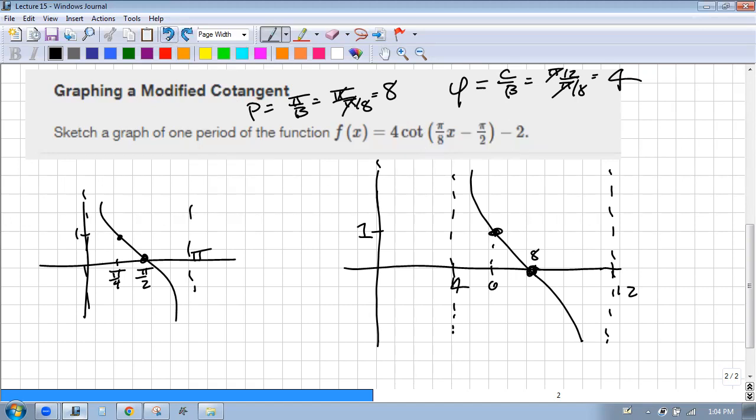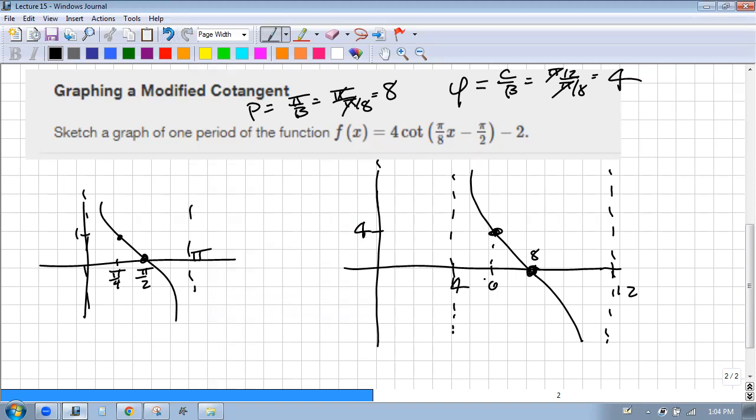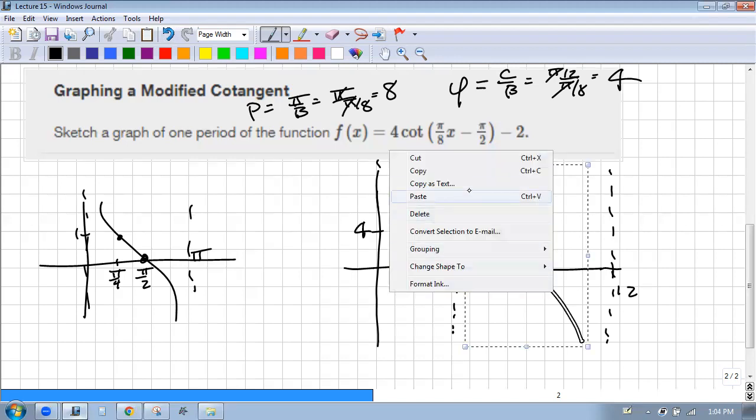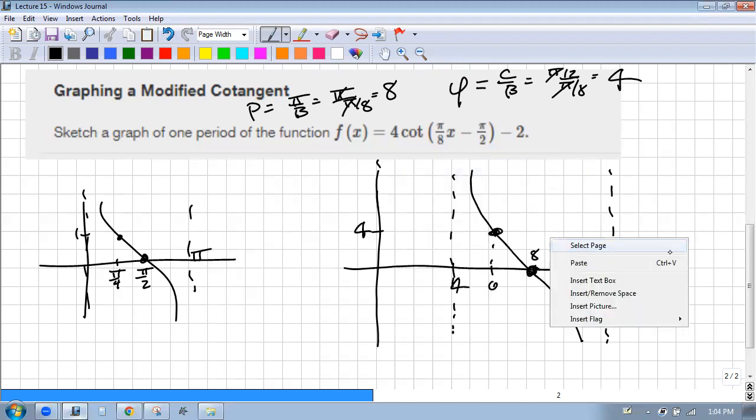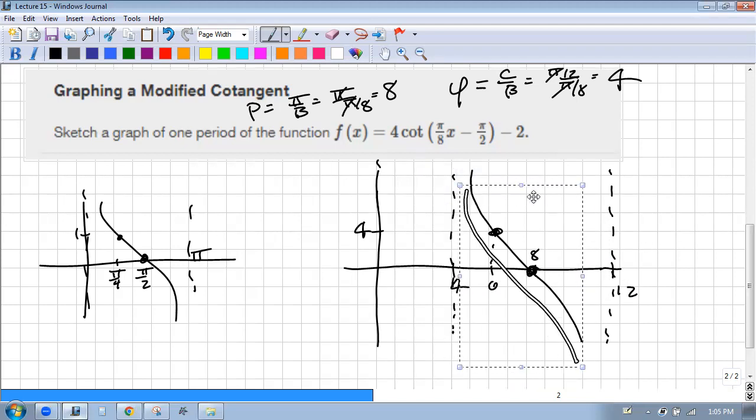Dealing with this first, this would be a 4 here instead of a 1. But now we need to shift everything down by 2. So I'm going to keep this guy as a reference. But if I shift everything down by 2, it'll look more like that.